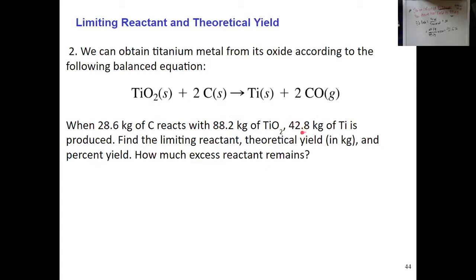That means this value here is our actual yield, and we will use this value to calculate our percent yield later on. But our first step here is going to be taking these two reactant values, our carbon and our TiO2, and seeing how much titanium each one can produce. So again, hit your pause button here and try to set this up for yourself.